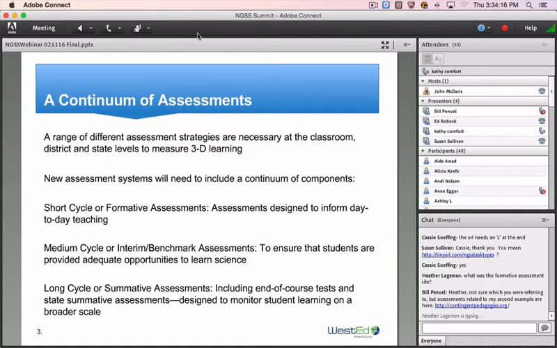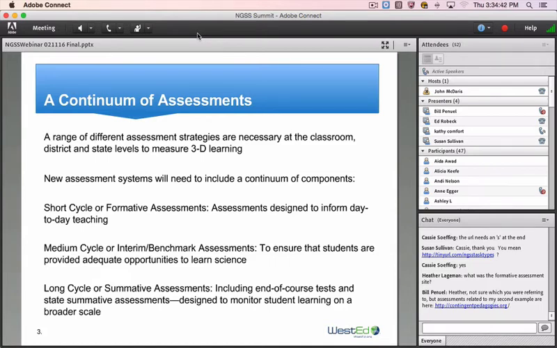And as Bill also mentioned, these new assessment systems will need to include a continuum of different components. And some states, like California, that have already adopted NGSS and are moving forward with their assessment system, are viewing assessments from the classroom to the state level as having 3 different cycles.